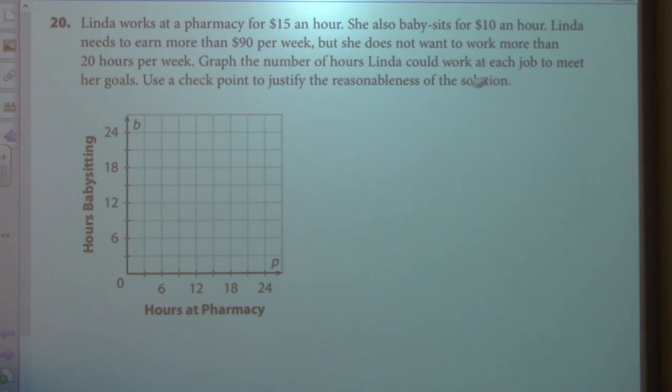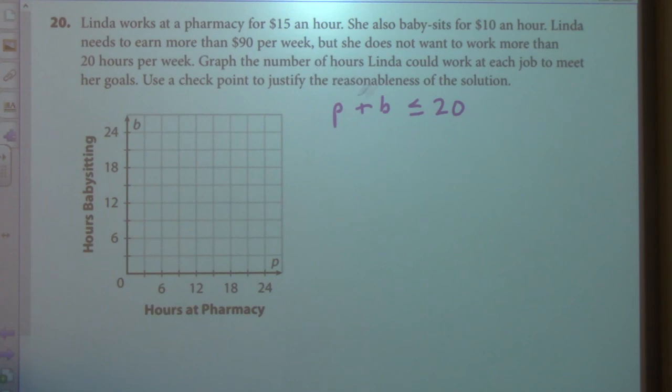She doesn't want to work more than 20 hours per week. So this will be P plus B has to be less than or equal to 20, right? So that's one of them. What's another inequality involved here? She needs to earn more than $90 per week.